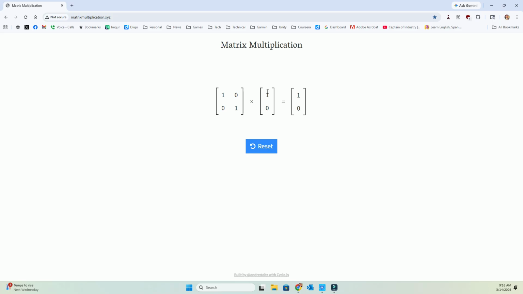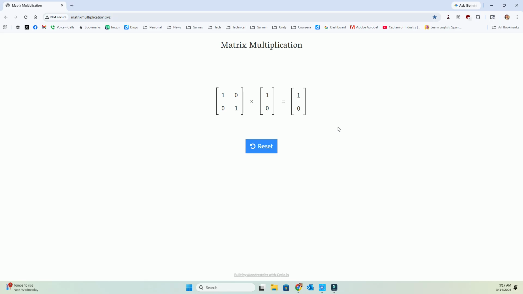And notice that the incoming state, 1 over 0, is equal to the outcoming state, 1 over 0. So this is the identity gate tensor.